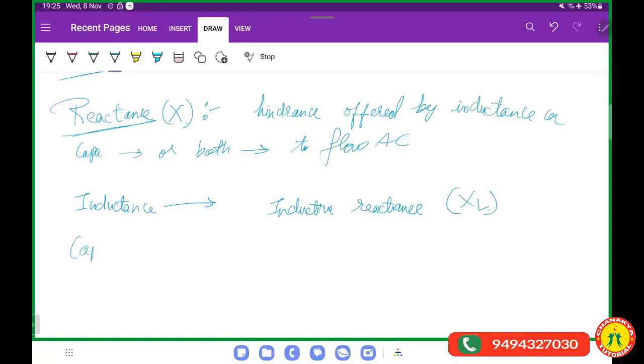And when it is passing through capacitance, it is called capacitive reactance.